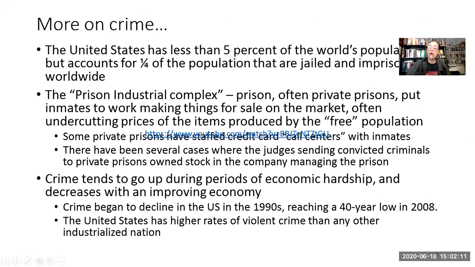Prison industrial complex: in addition to there being private prisons and money-making operations for people who invest in them, we also see spreading more and more often that prisoners have to work while they are there for very low wages. They're working to produce items which are put out for sale on a market and compete with similar items produced by people that are not in prison. So price-wise, they cannot compete.